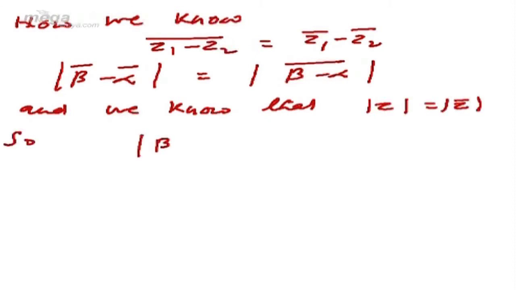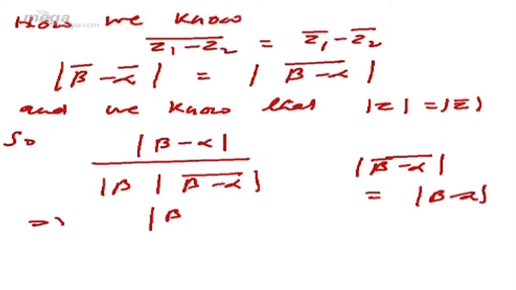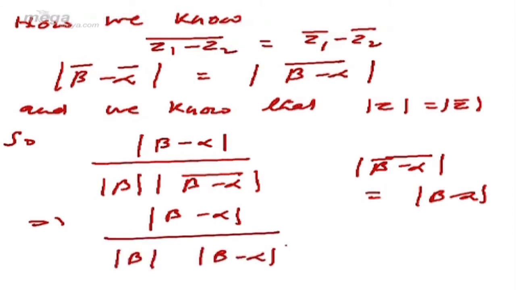So the expression becomes mod of beta minus alpha divided by mod of beta into mod of (beta minus alpha) whole bar. Now mod of (beta minus alpha) whole bar can be written as mod of beta minus alpha. So this will become mod of beta minus alpha divided by mod of beta into mod of beta minus alpha. This cancels out. This will become 1 by mod of beta, and this will become 1.